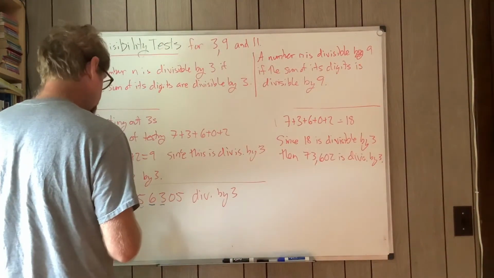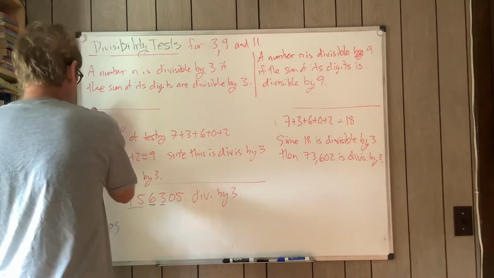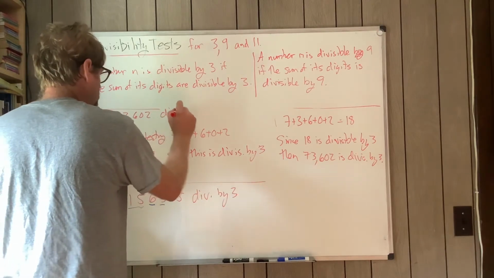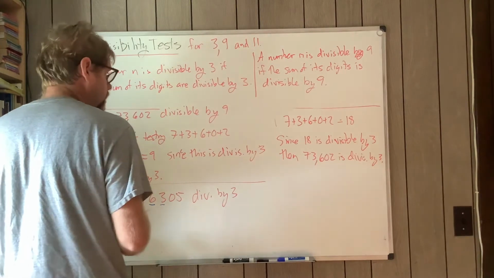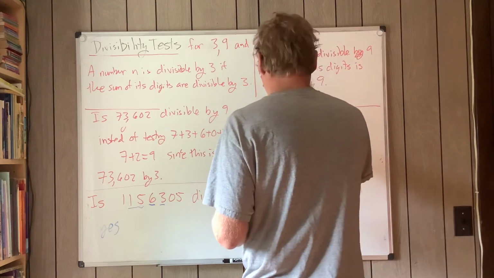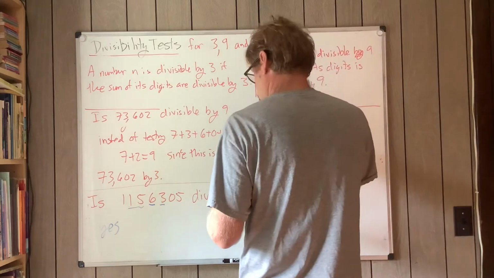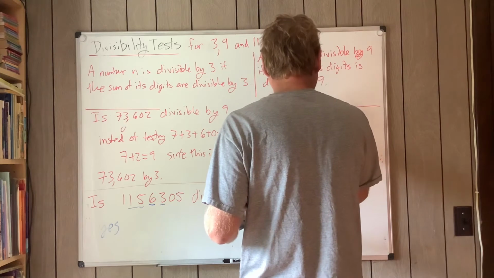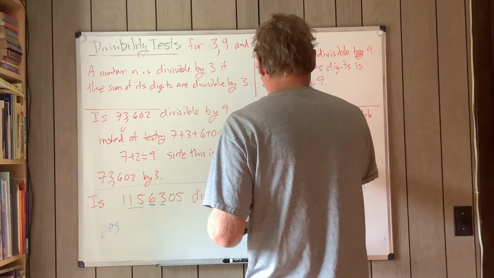Okay. So let's look at the same two numbers. Let me write these down. Is 73,602 divisible by 9, and I want to see if 1,156,305 is divisible by 9.